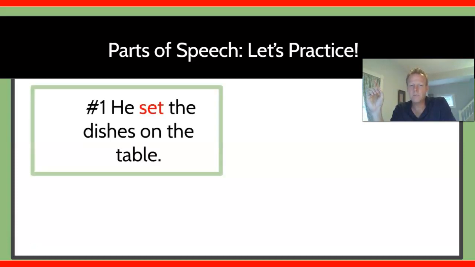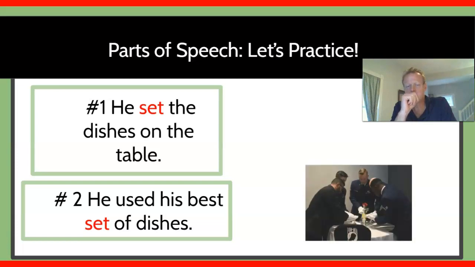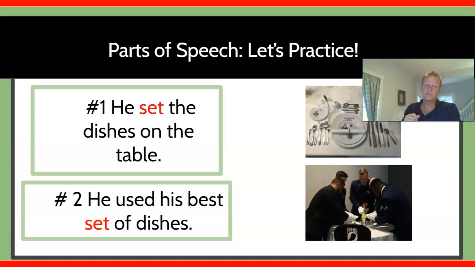Let's take a look at a sentence. Sentence number 1. He set the dishes on the table. Sentence number 2. He used his best set of dishes. So we've got 2 different sentences. Let's look at the first one. He set the dishes on the table.